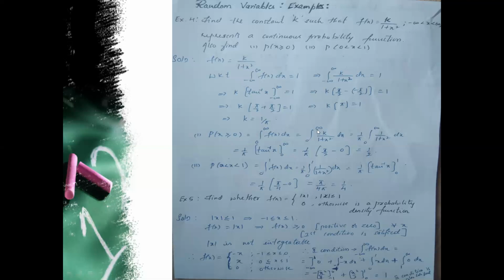The function is k divided by 1 plus x square integrated with respect to x. K is 1 by pi, keep it outside. Integration of 1 upon 1 plus x square is tan inverse x. Limits are from 0 to infinity. Now 1 by pi is outside. Tan inverse infinity is pi by 2, tan inverse 0 is 0. We get the value as 1 by 2.